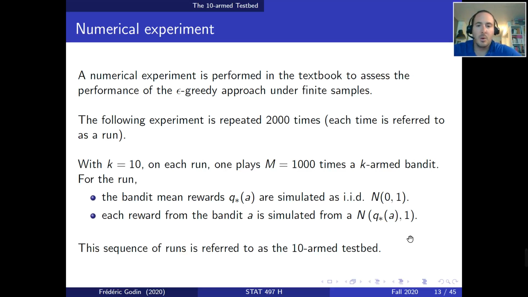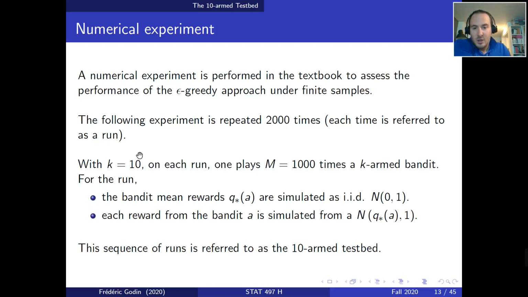In this large experiment, we will have sub-experiments where each sub-experiment is repeated 2,000 times. The k-arm testbed entails repeating 2,000 times the following. Every repetition is called a run.